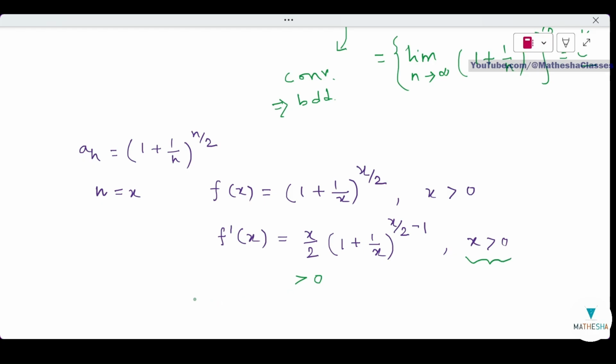And if the value of f dash x is greater than 0 in any interval, that essentially means that f increases in that interval. So f of x increases as x increases.